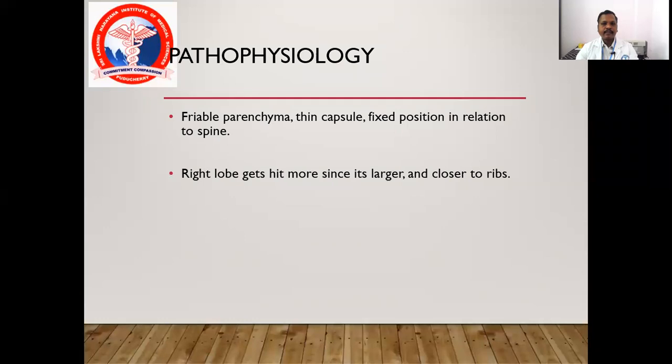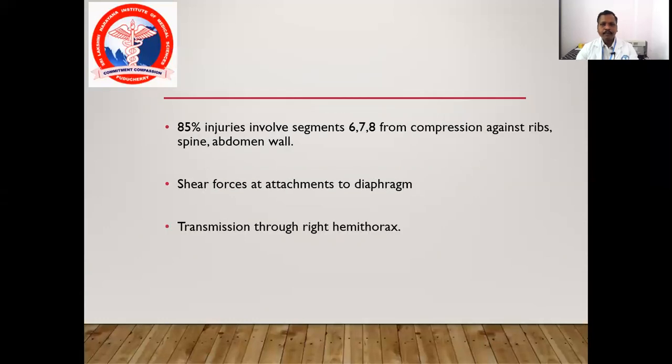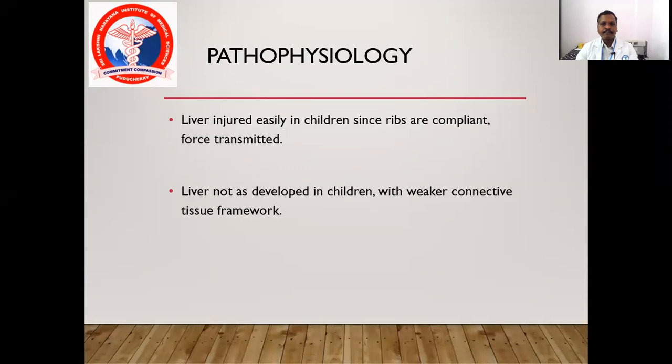Most of the time the right lobe gets hit more because it is closer to the ribs. 85% of the injuries involve segments 6, 7, and 8, which get compressed between the ribs, the spine and the abdominal wall, along with shear force from the attachment to the diaphragm. All these things can cause the trauma.